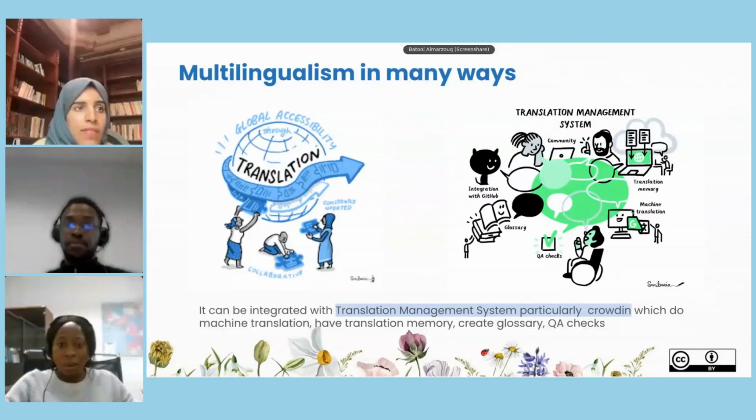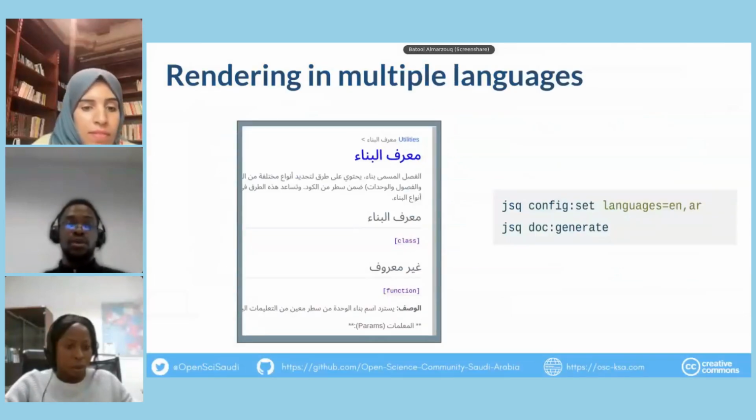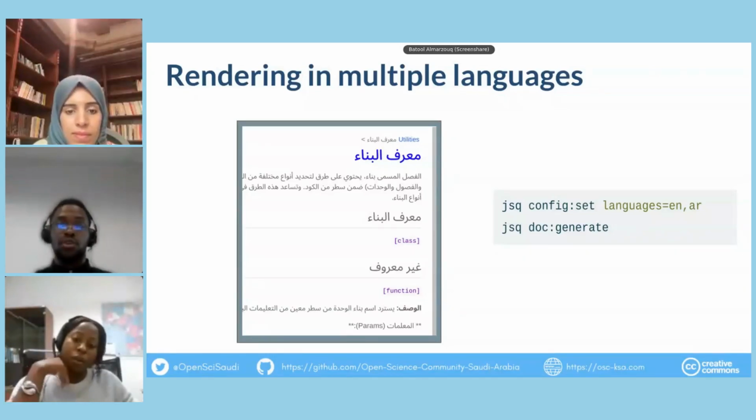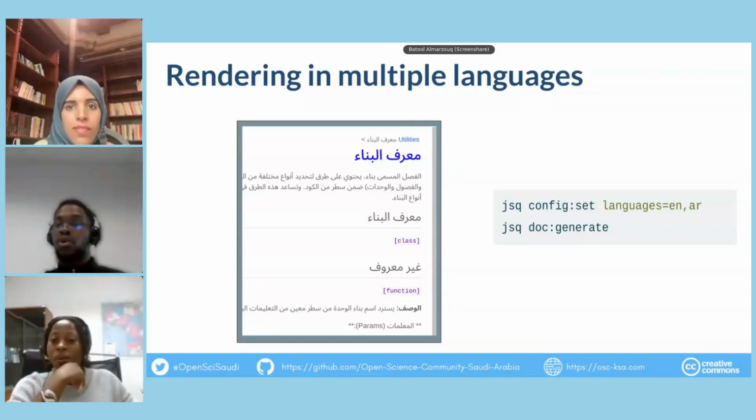All right, so like I said, the main aim of GS Quarto is just helping you generate this documentation in different languages and make the process as easy and smooth as possible. With GS Quarto integration, all you need to do is specify the different languages.